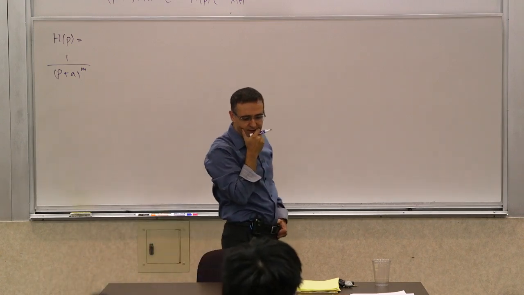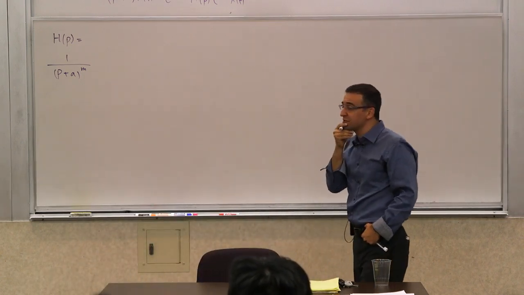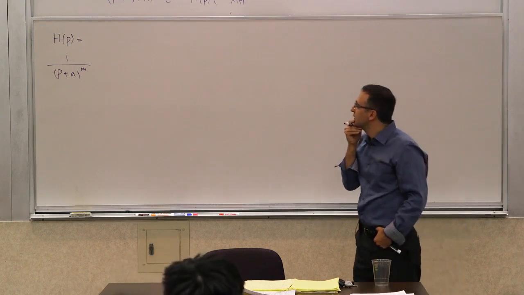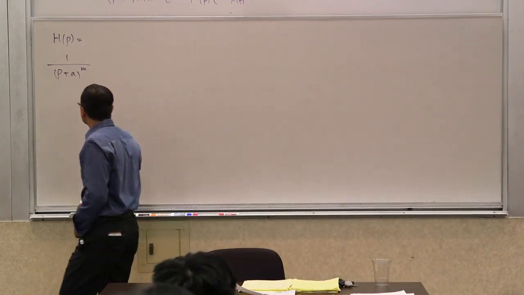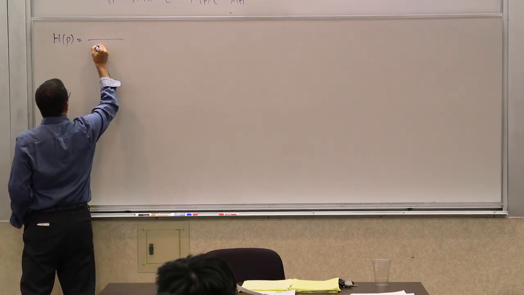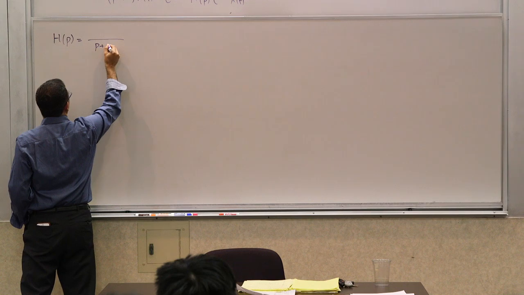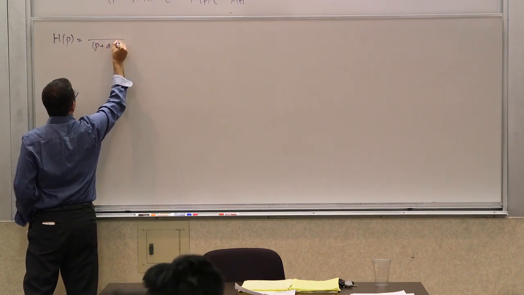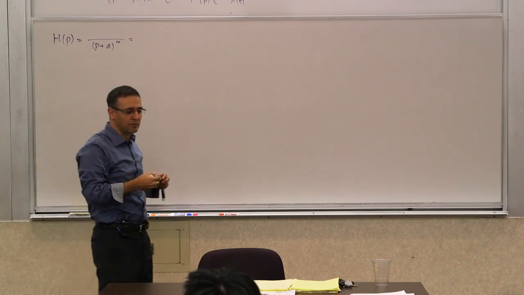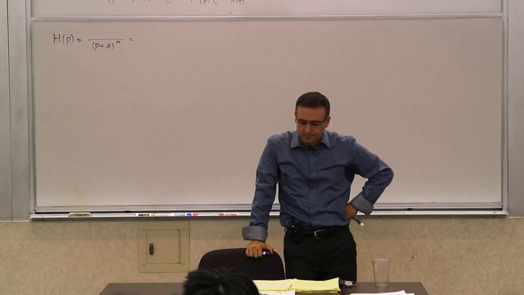If you had something like this, what is the partial fraction expansion of that? In general, it could have some stuff in the numerator. What is the form of the partial fraction expansion for this?